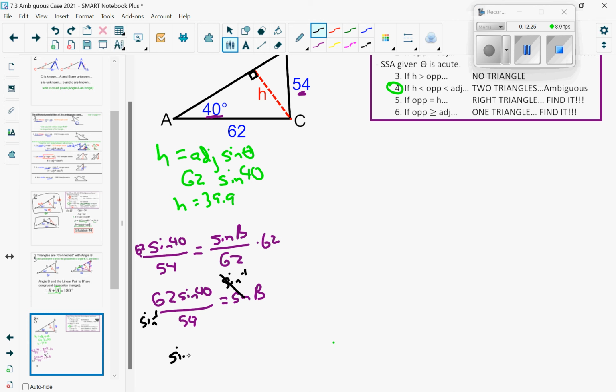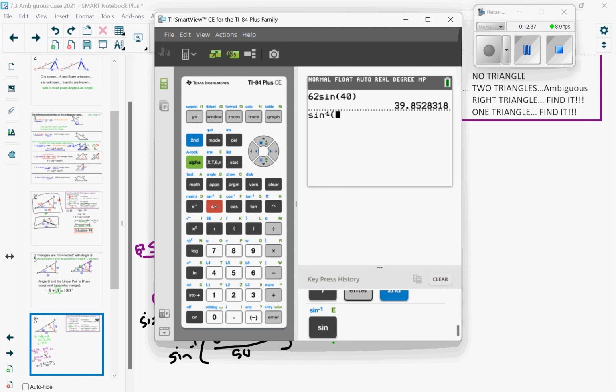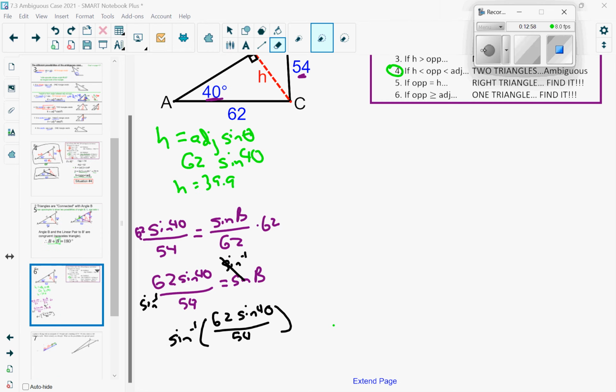So I get sine inverse of 62 sine 40 all over 54, which I can type right into my calculator. And we get 47.8 or 47.5. So let's just say 47.6.